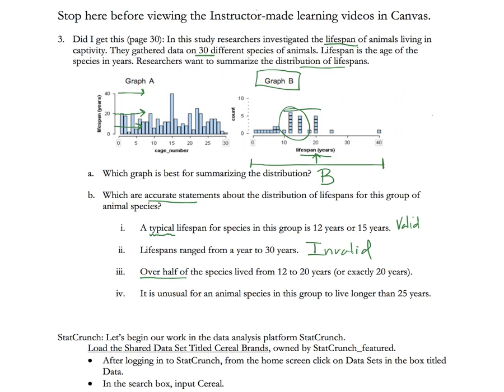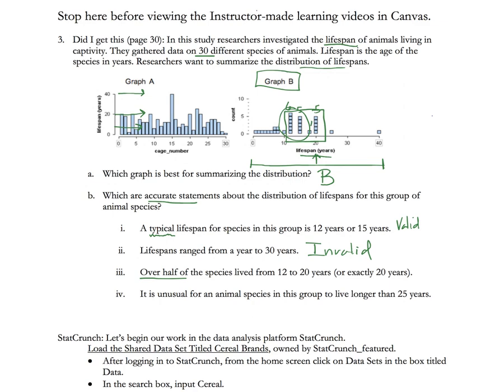Okay, well, let's take a look at all the data we have in that interval. 6 here, 5 there, 1 piece of data, 5 pieces of data. So we've got a total of 10 and 7 more, so 17 pieces of data in this interval. We had 30 pieces of data total, so yes, that is over half. This is a valid statement.